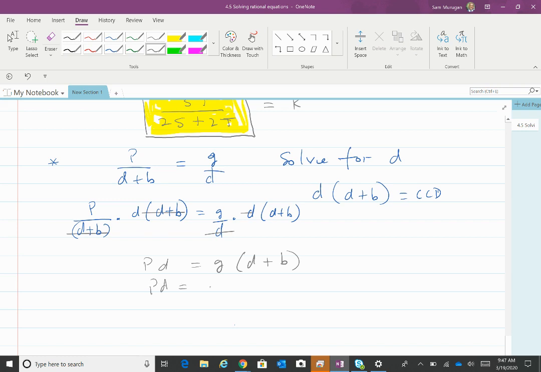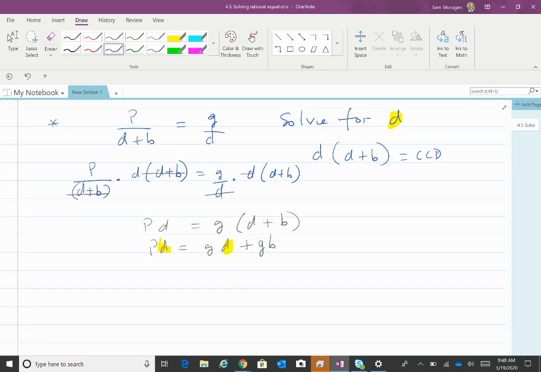PD. Distribute on the right hand side, we have GD plus GB. Now the goal is to isolate D here, because that's what they're asking us to do. So we need to move that GD term to the left hand side by taking it away. So on the left hand side we have PD minus GD equals GB.